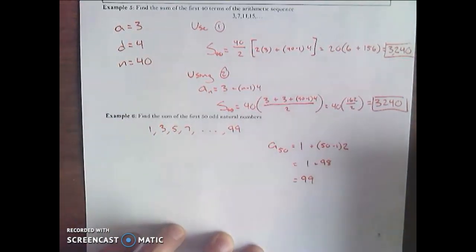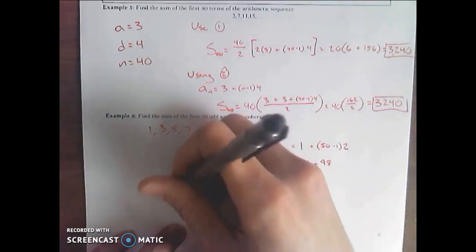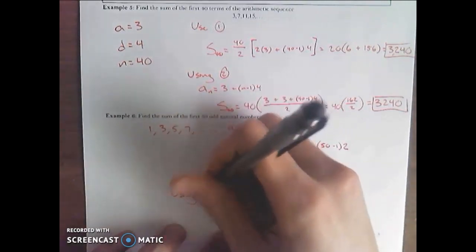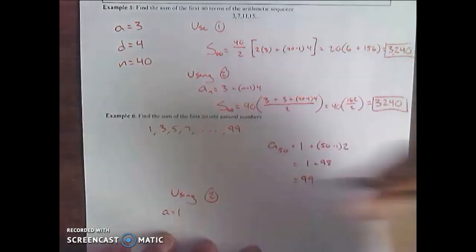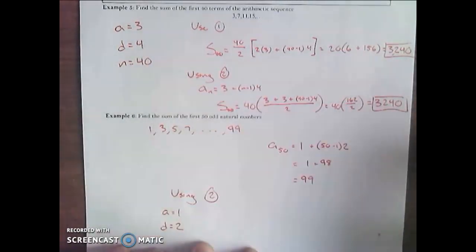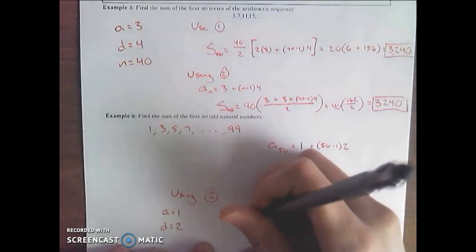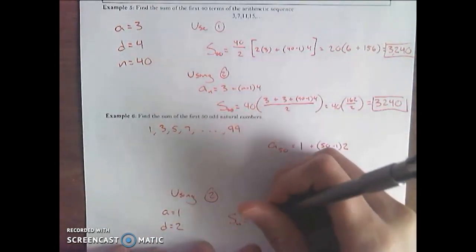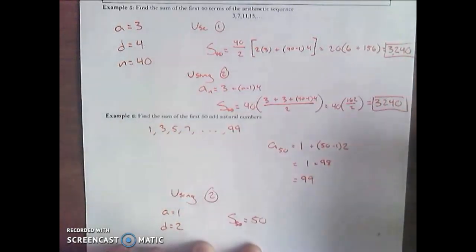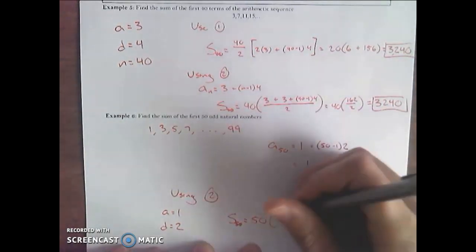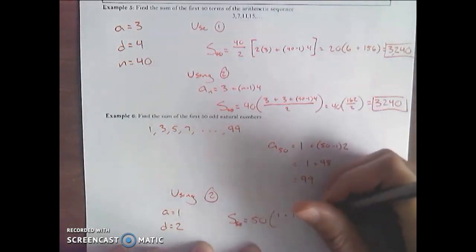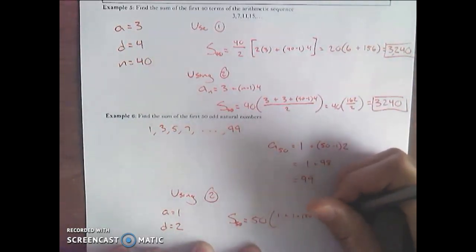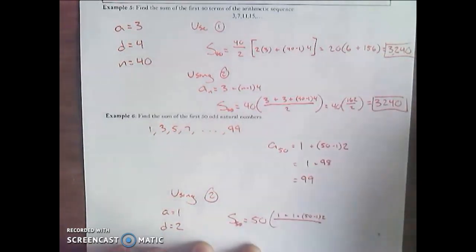Let's find the nth partial sum using formula 2. So using formula 2, our initial term is 1. Our common difference is 2. So we have Sn equals, we have 50, so sorry, this is S50, equals 50 times a, which is 1, plus an, which is 1 plus n minus 1, so 50 minus 1 times 2, all over 2.